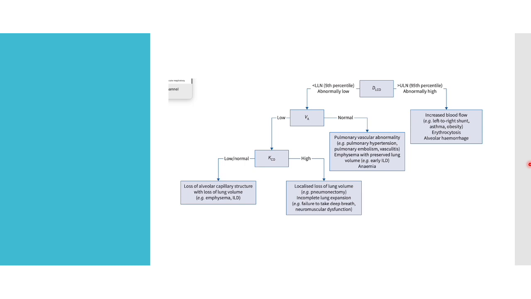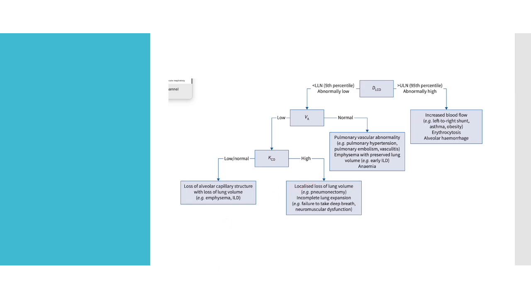It could be emphysema, it could be an ILD, and in that case you would want to see whether this patient has a loss of alveolar capillary structure or a loss of lung volume, such as in a lung resection, a palsy, or a neuromuscular dysfunction. So these flowcharts are good indices, and they help us ascertain the further cause.